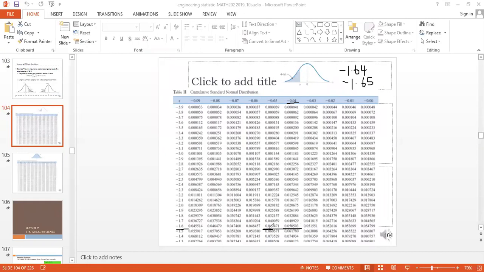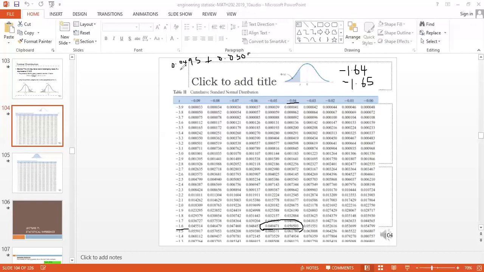Now the trick here is, you see, neither of these values is exactly 0.05. But if you add the two, that will be 0.0495 approximately, and 0.0505.